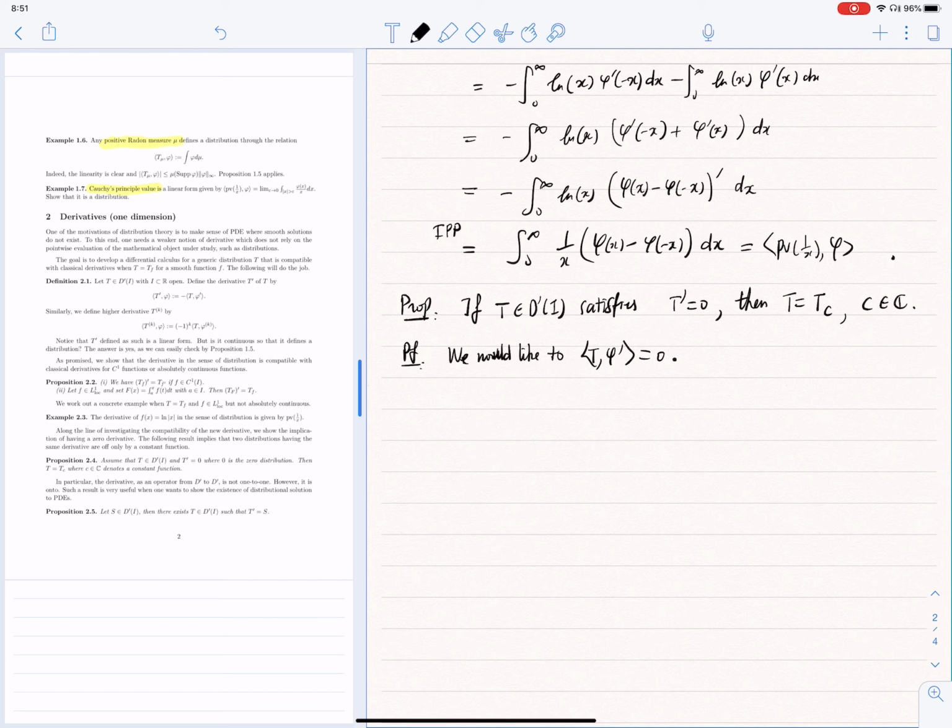One idea is to investigate the evaluation of T applying to a generic test function that I call psi, and write it as a constant times the integral of psi.